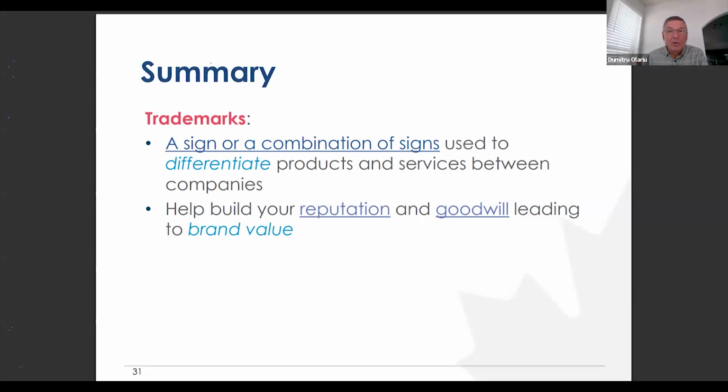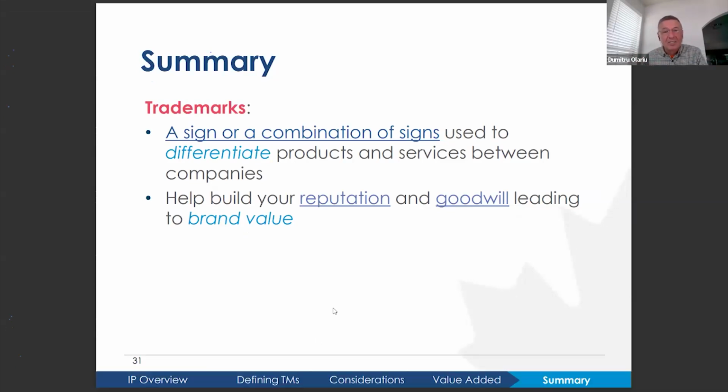They have a slogan as well, just do it. But it depends on your business strategy. When you start with an intellectual property strategy, you look at what you have and what your competition is doing in the same field of intellectual property.